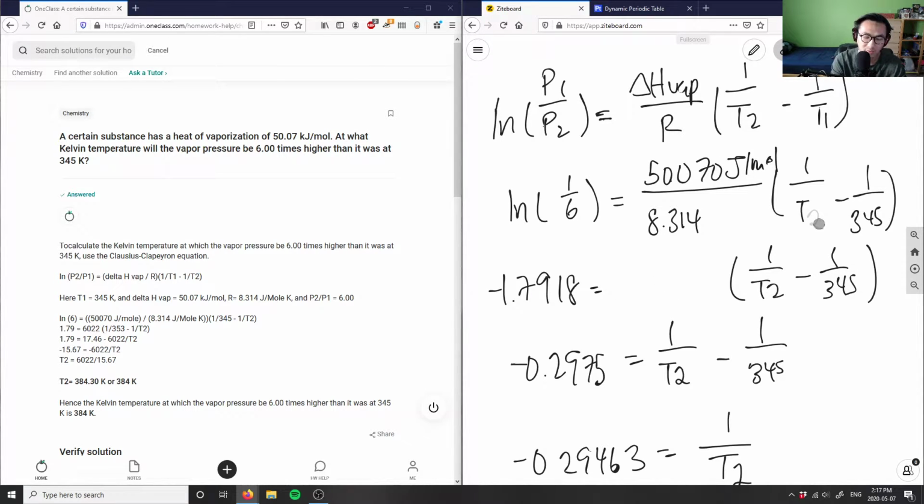So 50,070 divided by 8.314 would give me a value of, this is now 6,022.372 here. And I'm going to divide 1.798918 by that answer, which will give us a much smaller number.